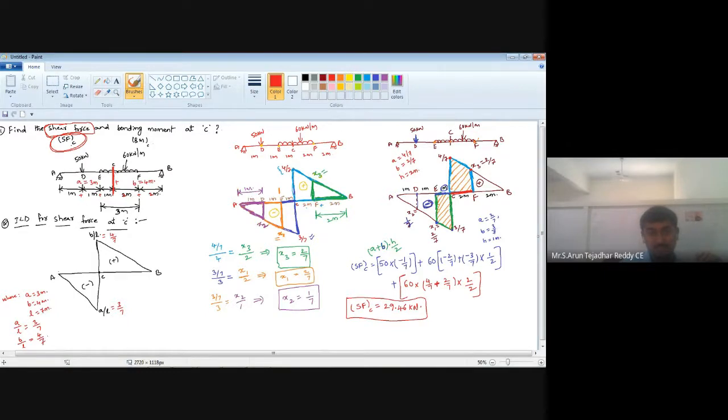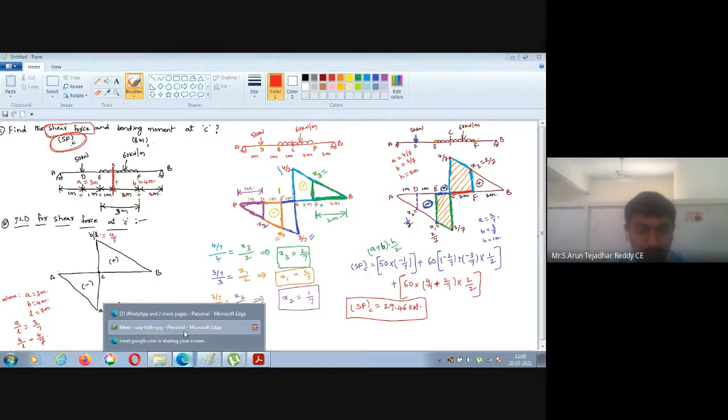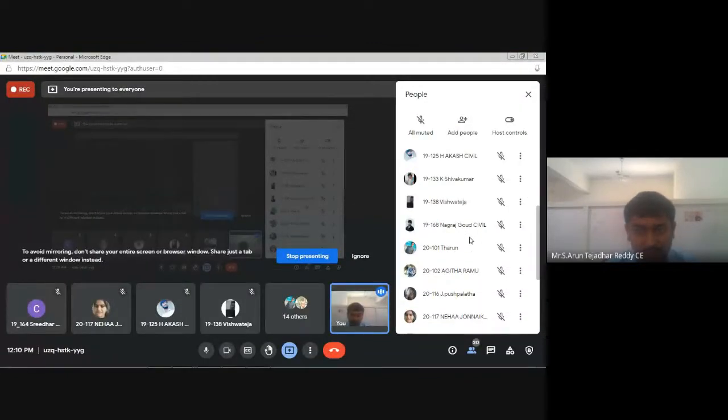All of you take a screenshot. Then we'll solve bending moment at C. Thirty-three Shivakumar.